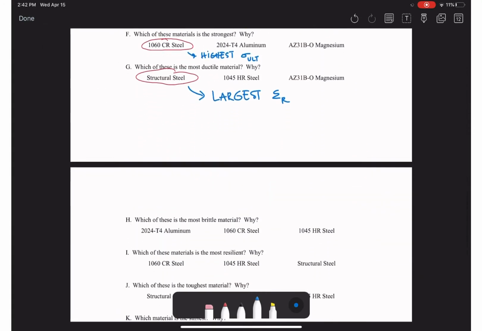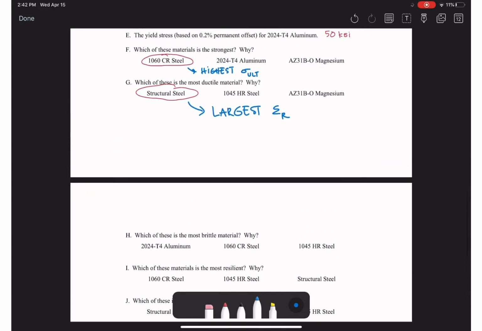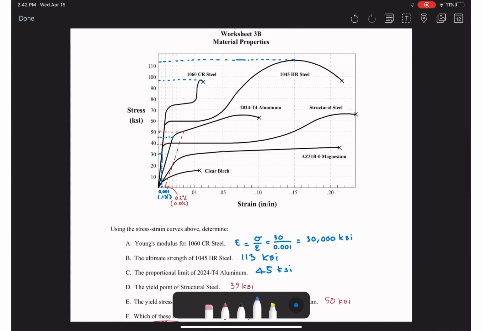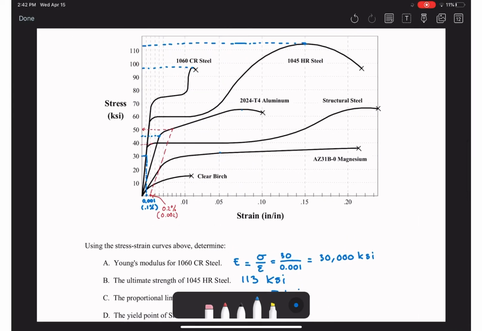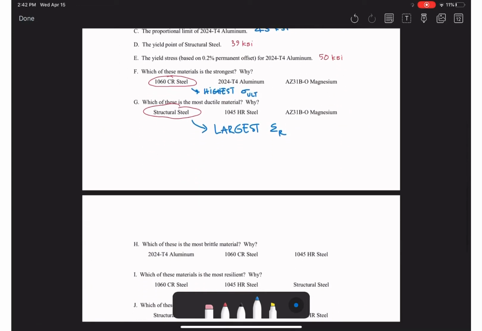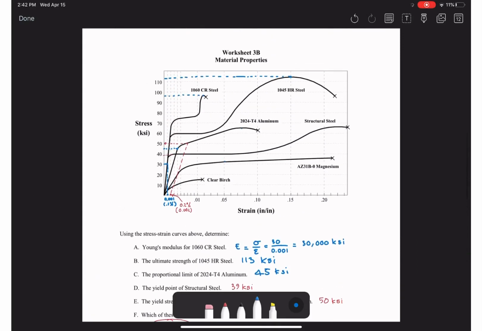For CR steel 1060, it goes down here, so it's about 0.023, and then the next one is 1045 steel. With 1045 steel it is more than 0.2, right?